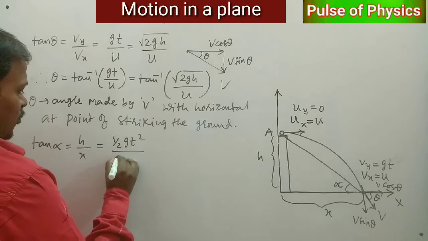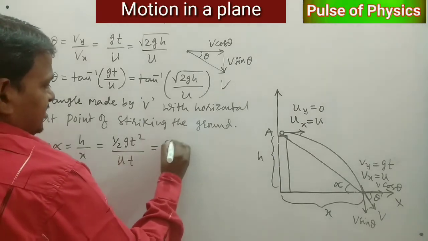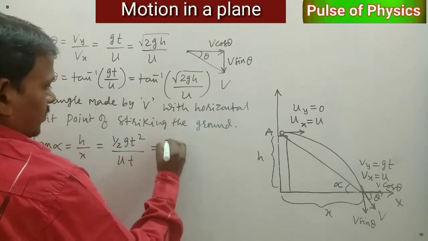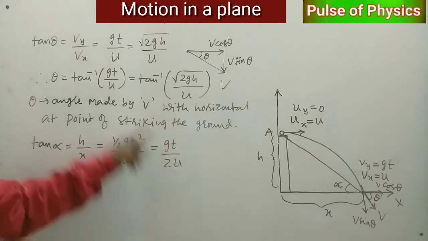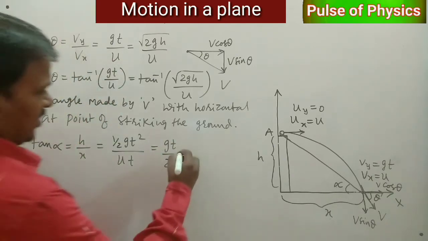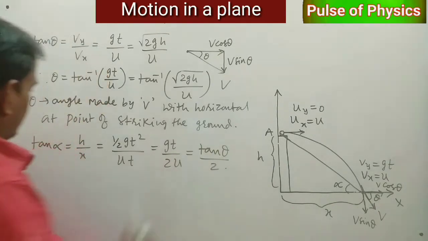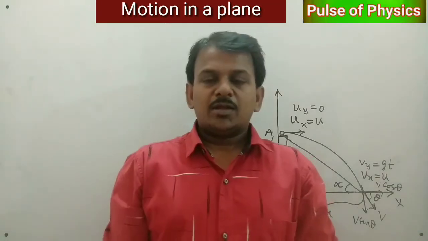X is equal to ut. Right? So then we can write gt by 2u. So what is this gt by u? Already we got this tan theta. So here tan theta by 2. Therefore tan alpha is equal to tan theta by 2.